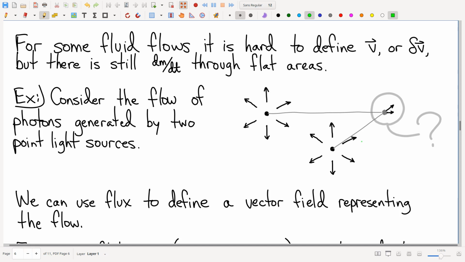Photons coming from this part of the screen are not going the same directions as photons that are bouncing off of this part of the screen. Light is furthermore bouncing off of the walls and all the people, and oh my God. Right? In this room, at any given point, there's light going all sorts of every which way. And there's absolutely no hope of being able to associate a single velocity to the flow of photons.